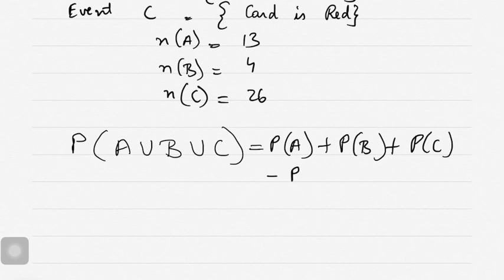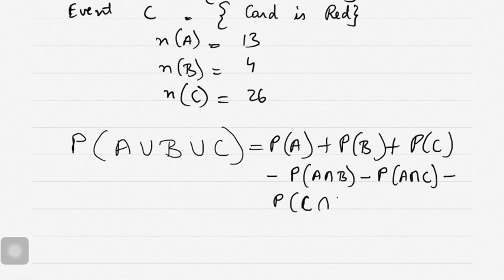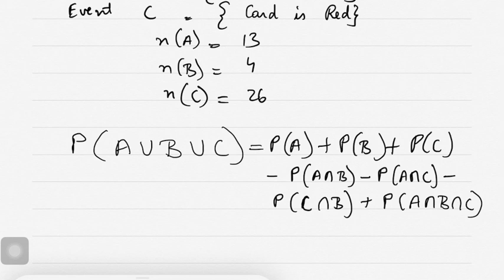So you will be subtracting all intersections: probability of A intersection B, minus probability of A intersection C, minus probability of C intersection B or B intersection C, it is one and the same thing. And then you will add back the middle part, which is probability of A intersection B intersection C. Do you all remember yesterday? I'll just make a diagram for you.